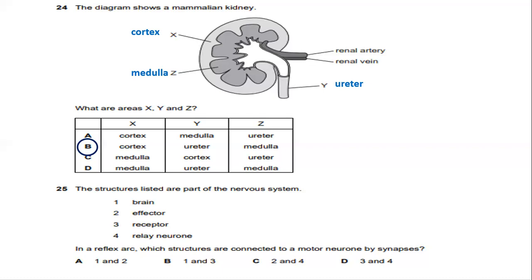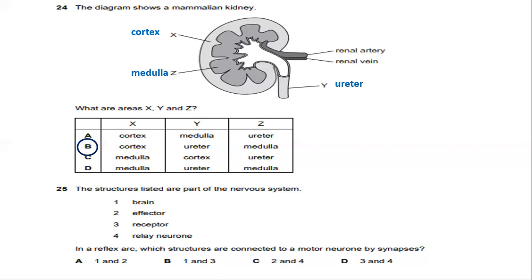The resultant action is carried by efferent motor neurons, and the receptors of the skin initiate the impulse in a sensory neuron. This will travel to the spinal cord where it synapses to a connecting neuron called a relay neuron.